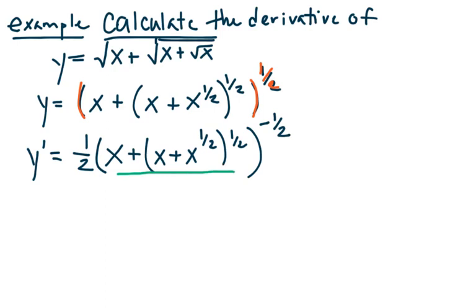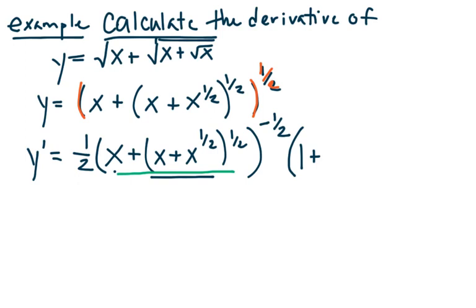Okay. So multiplying by the derivative of the inner function, well, first we run across this x, the derivative of x is 1, plus, now again we have a composition of functions. We've got x plus x to the 1/2, all raised to the 1/2 power. So we repeat the process here. The outer function of this guy is again a 1/2 power.